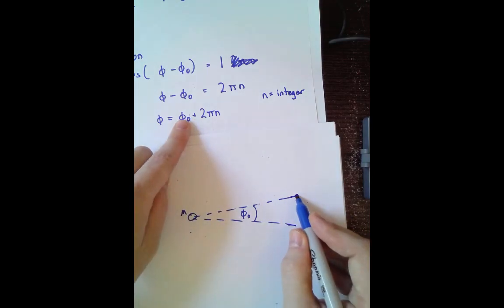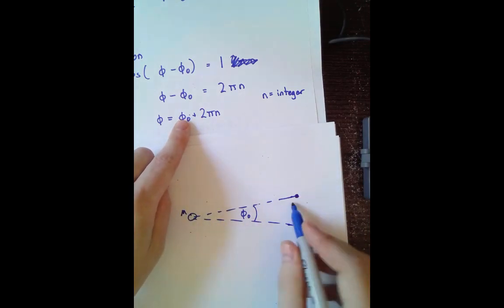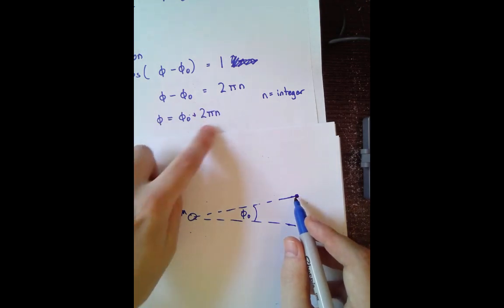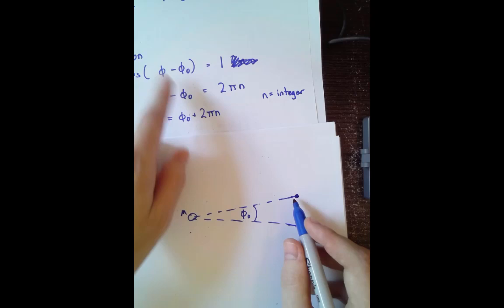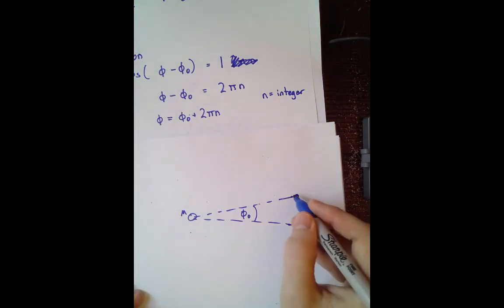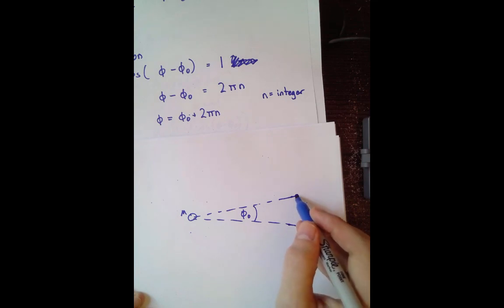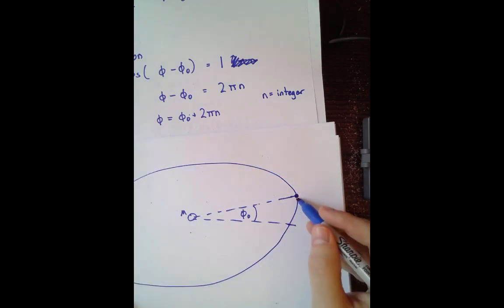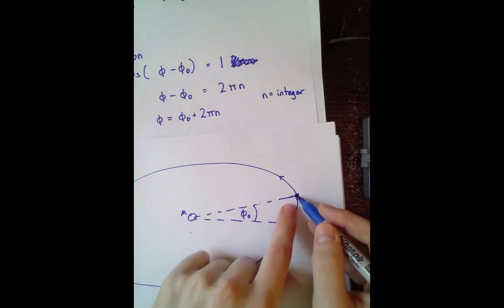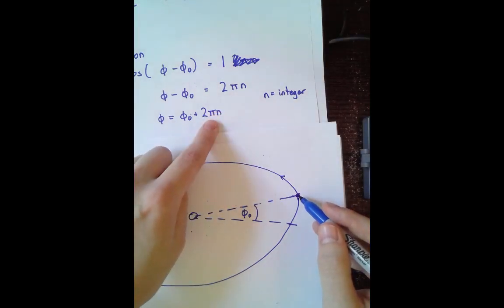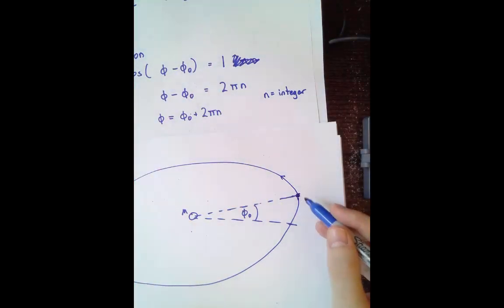Firstly, it's equal to this point at the start of the orbit, when φ is equal to φ₀. And the next time it reaches this condition, the perihelion, it's traveled another 2π, which is just an entire orbit. So it's gone all the way around once and come back to here, and it's back at its shortest point. And then it goes around again, comes back here, that's 4π, and it again meets this condition and is back at the perihelion.